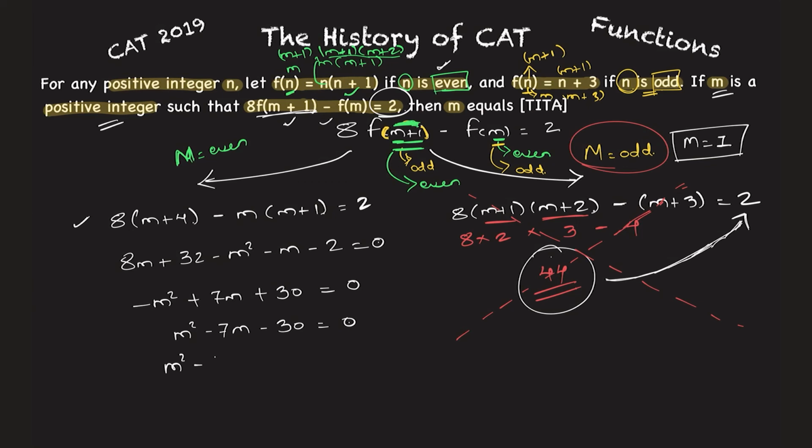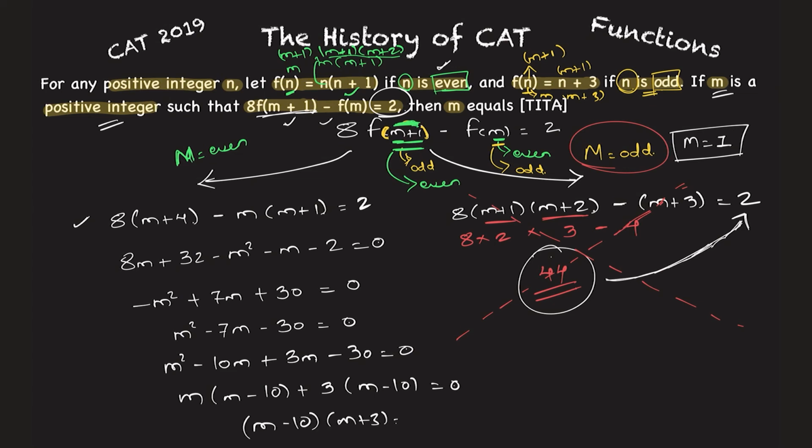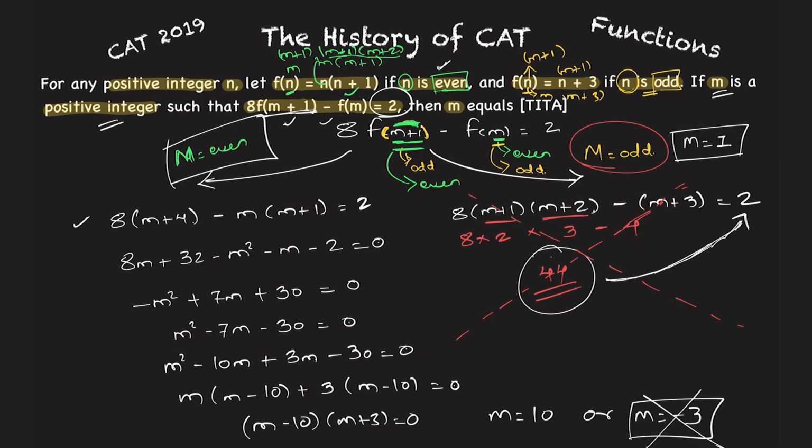So I'll write this as m square minus 10m plus 3m minus 30 is equal to 0. Take out m from this, so what remains is m minus 10, plus 3, if you take it out, what remains is m minus 10 is equal to 0. Now take out m minus 10, and m plus 3 is equal to 0, which means m is equal to 10 or m is equal to minus 3. m equal to minus 3 is not possible. Why? Because m is even. So m has to be equal to 10, which means m is 10.